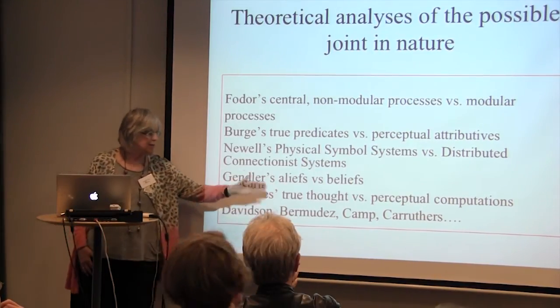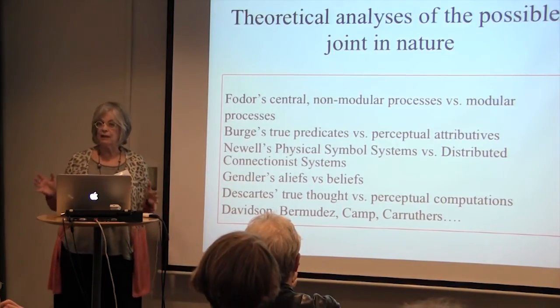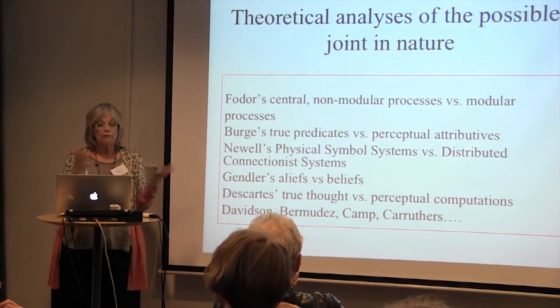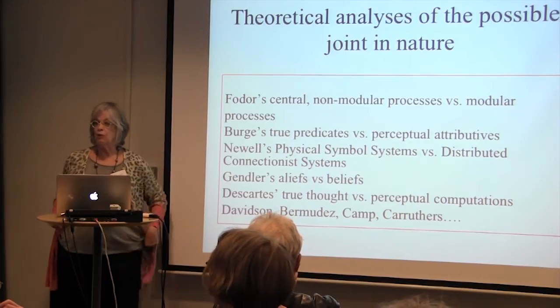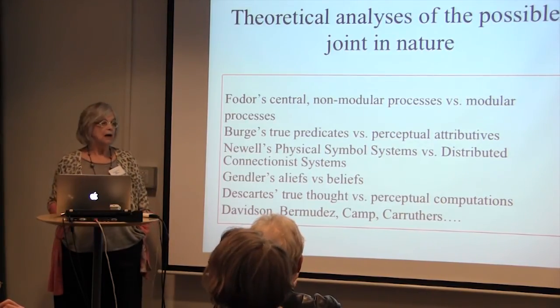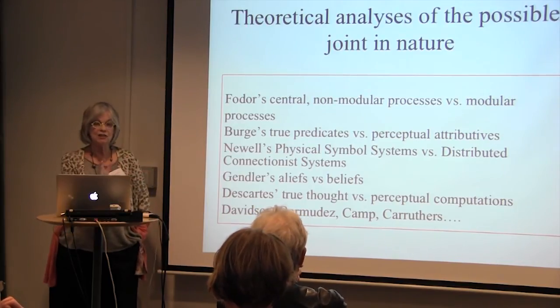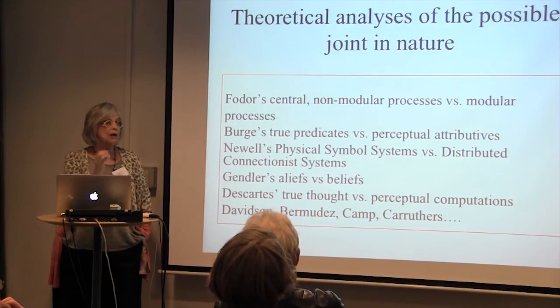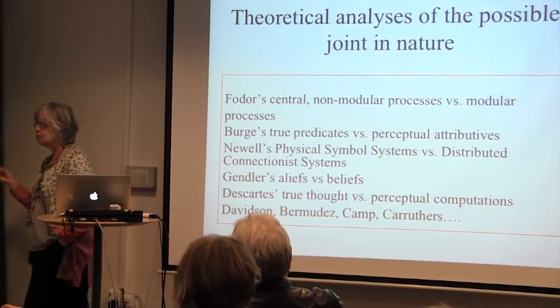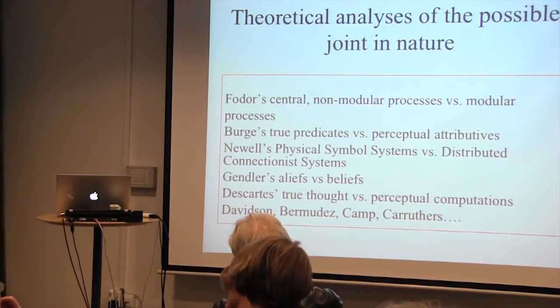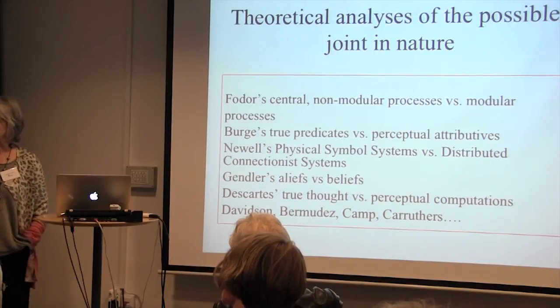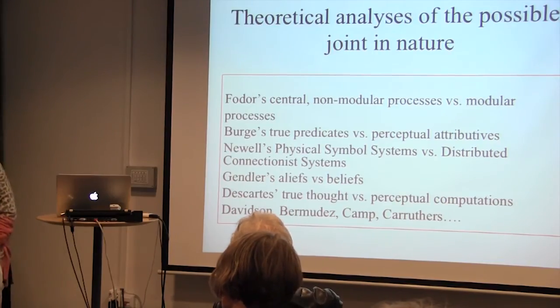Davidson, Bermudez, Camp, Carruthers. Lots of people have given these analyses. And so part of the project, this is the project that I'm working on now, and I think there are probably many distinctions here. There may be many kind distinctions, and how they are going to fall out, I don't know. But what I want to say is, once you've got one in mind, how do you find out whether animals or babies have representations of that nature?